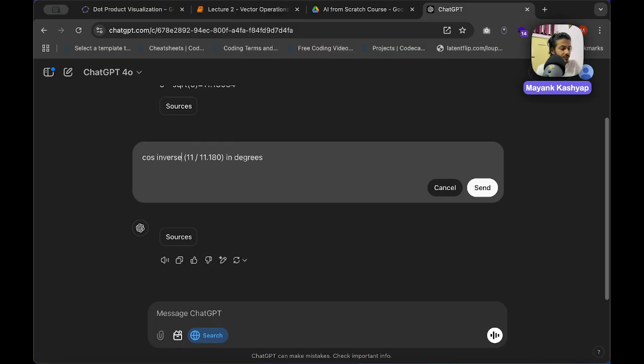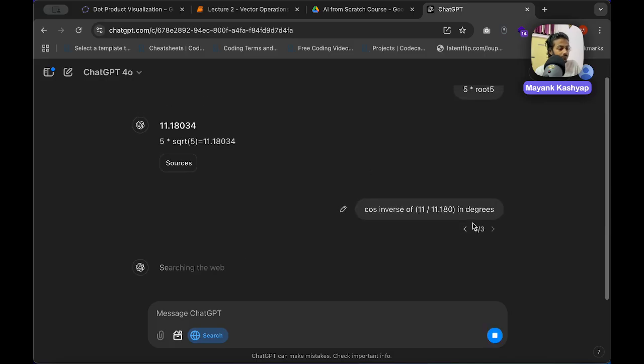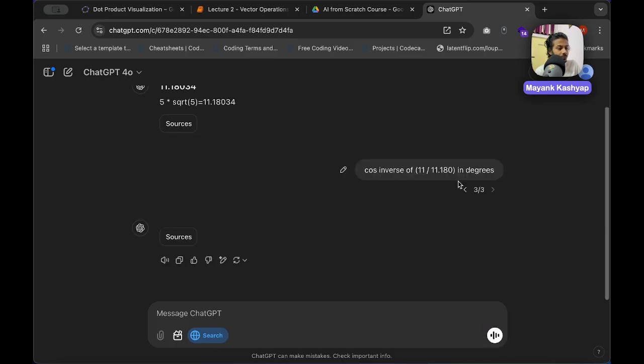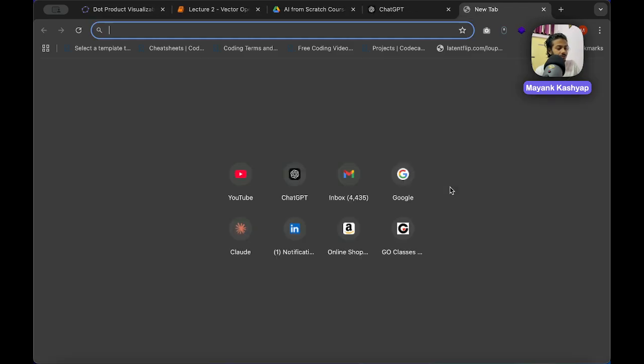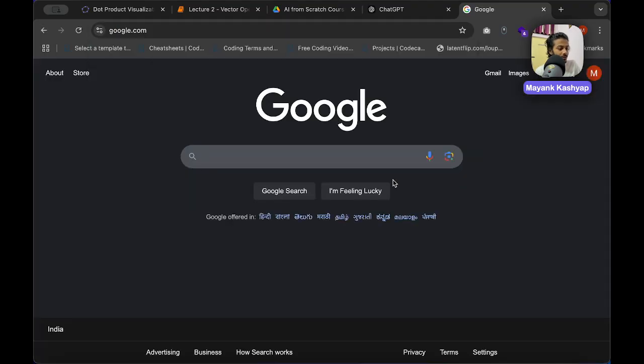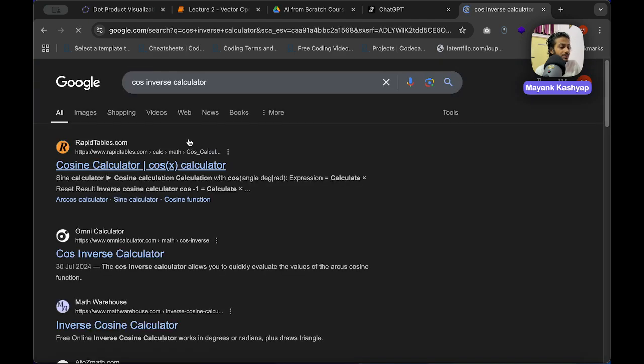Cos inverse of... okay, it's not giving me the value, so let's find out through Google only. Cos inverse calculator.